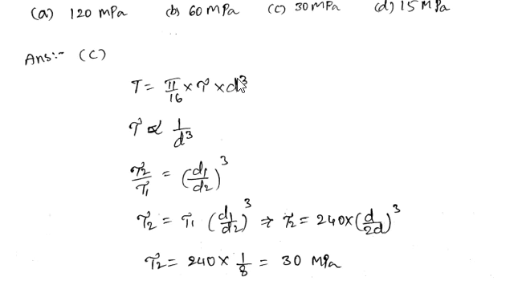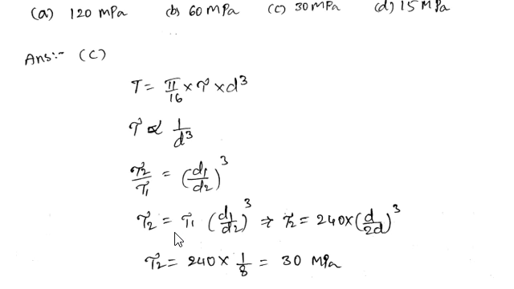So from this equation you can say that shear stress is inversely proportional to d cube, or you can write tau is proportional to 1 by d cube, or you can write tau 2 by tau 1 is equal to d1 cube by d2 cube. So here 1 and 2 are case 1 and case 2, or situation 1, situation 2. So in situation 1 the diameter is d1, and in situation 2 we have taken diameter as d2. So d1 cube by d2 cube, or it is d1 by d2 whole cube.